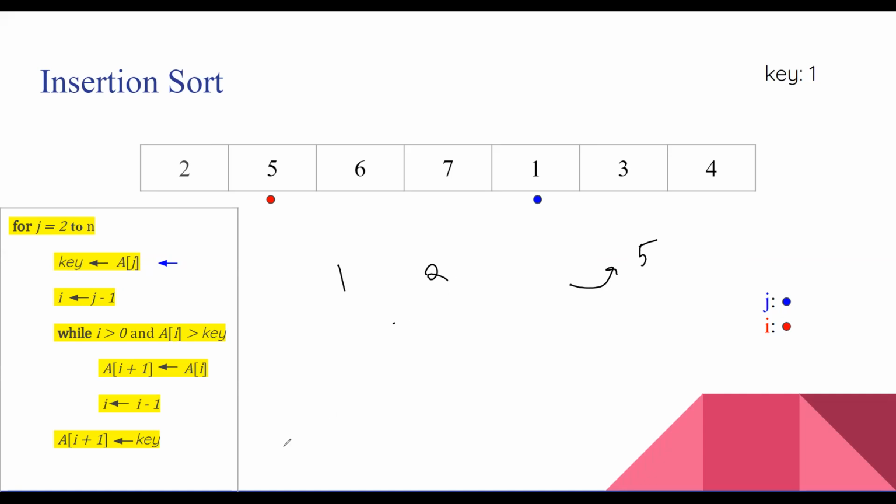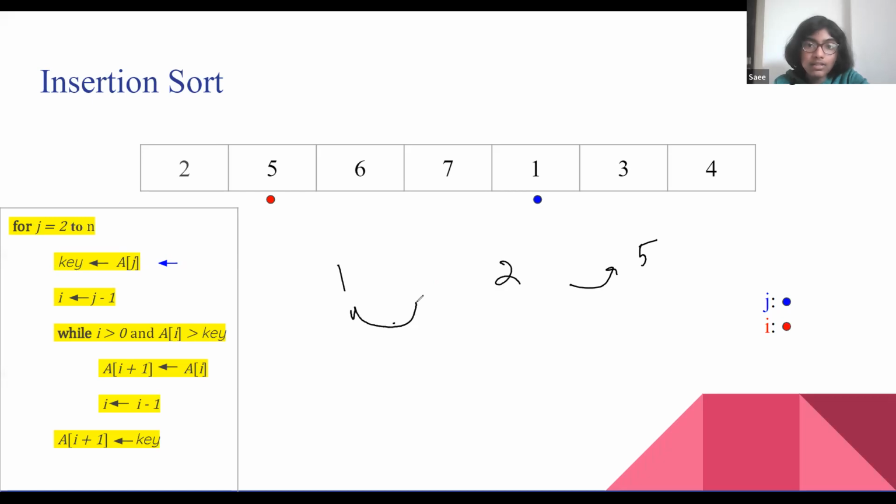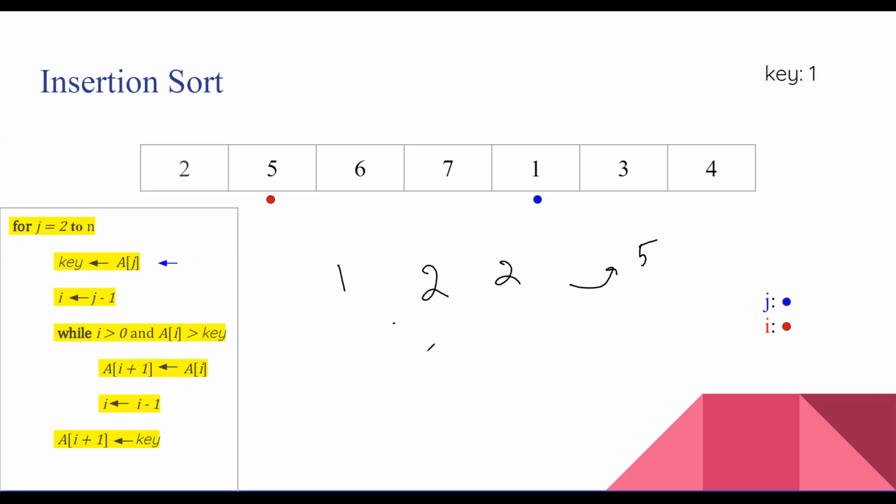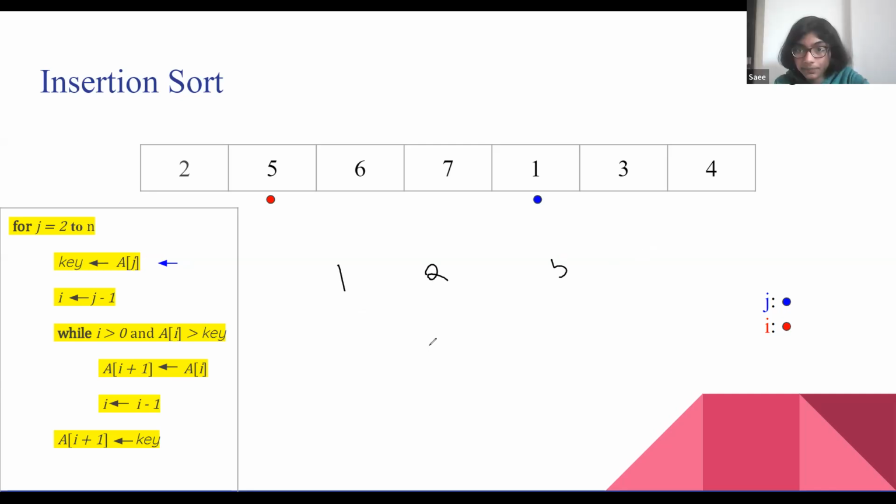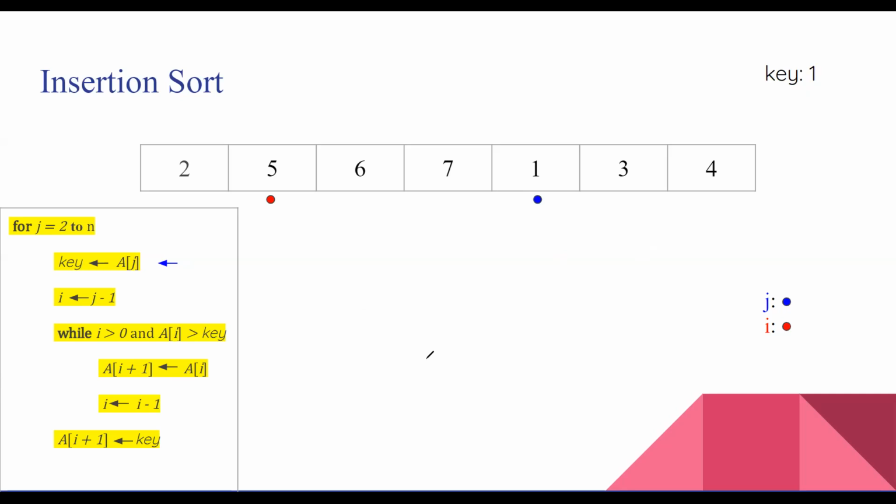So we can either shift it to the right or just place 2 here. It doesn't matter, because even if we shift it to the right, 2 will go here, and then when we ask is 2 greater than 1, yes, so this 2 will come here. Either way, we'll have the same output. Does that make sense? Yes, understood. Excellent question, Vaishnavi.